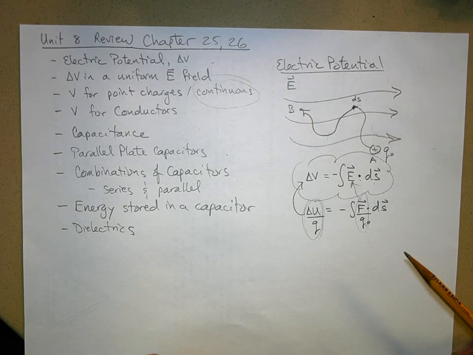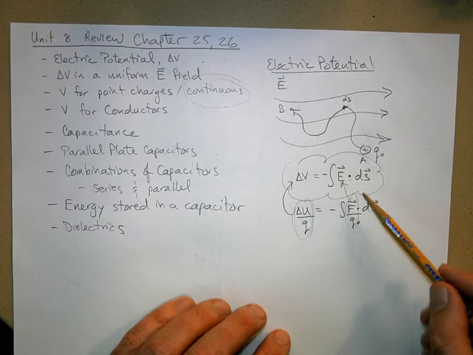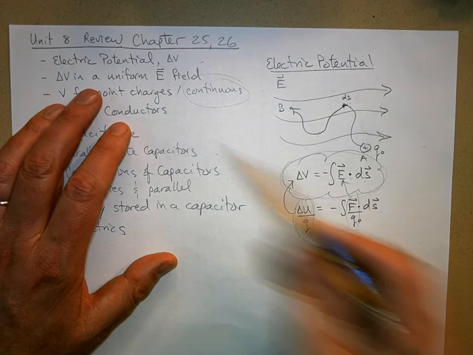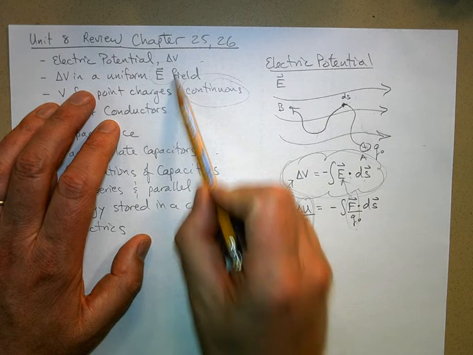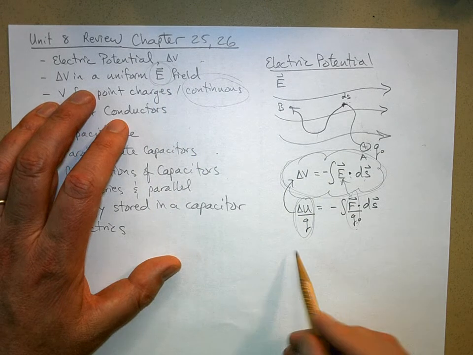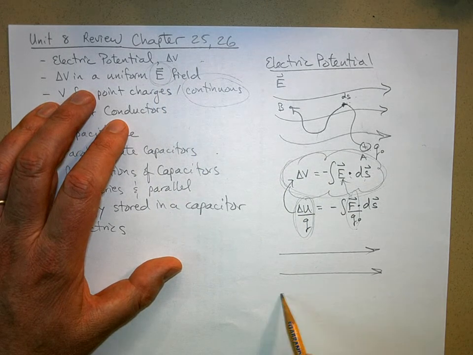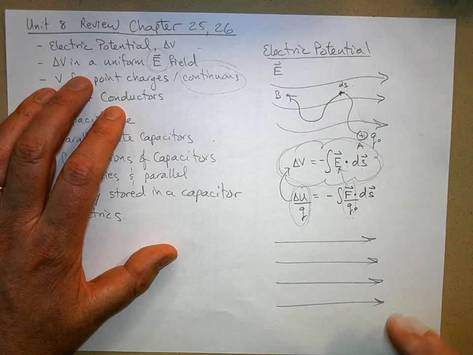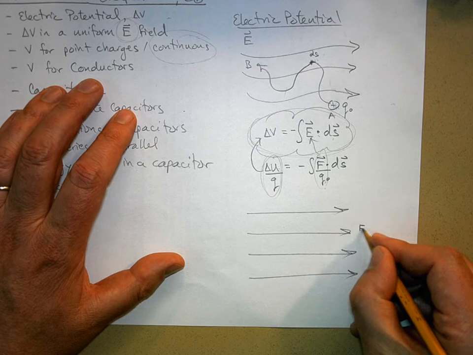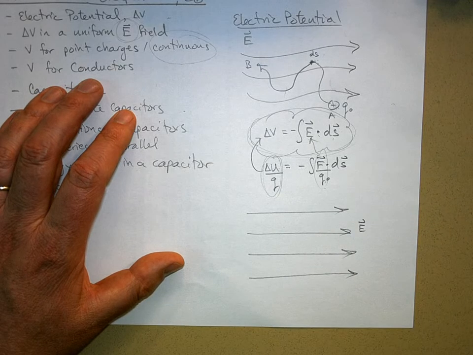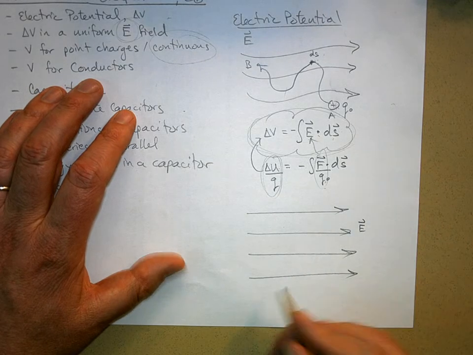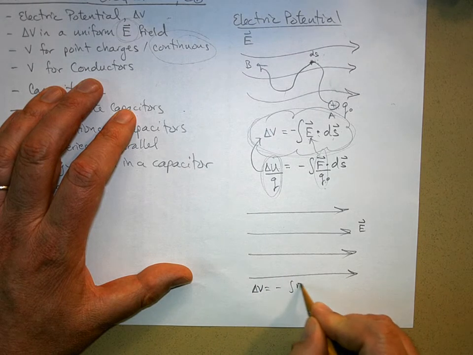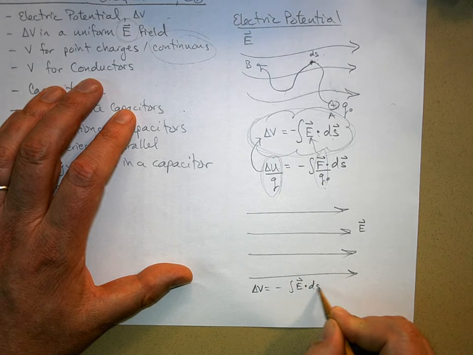Now, using this definition for voltage right here, it's pretty easy if the E field is uniform, right? If you have a uniform field like this, so here E is a constant field. This becomes pretty easy because delta V equals negative integral E dot ds.